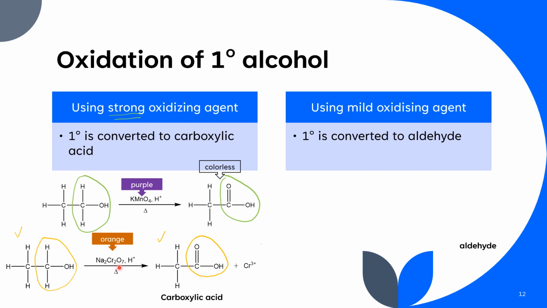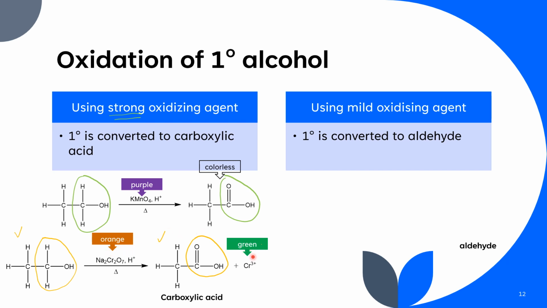Okay, so when this oxidizing agent is reduced to chromium 3+, while the alcohol is oxidized, we can observe the colour will change to green. Okay, why does the solution change from orange to green?